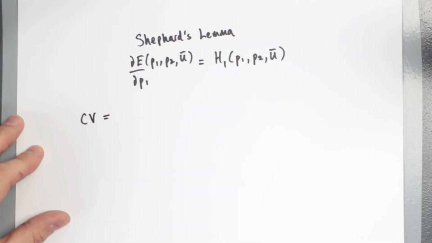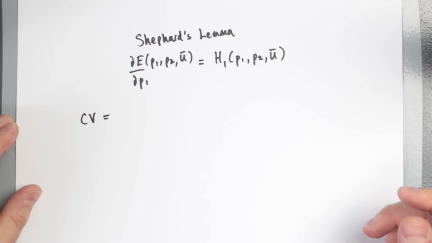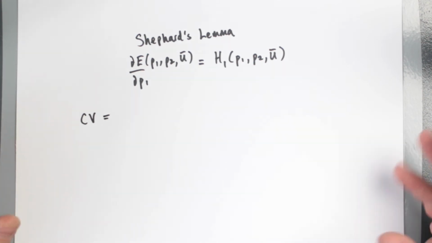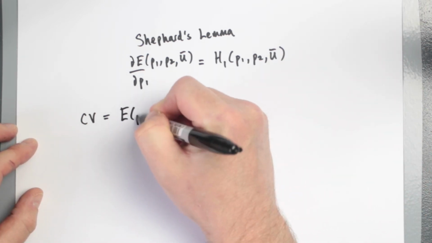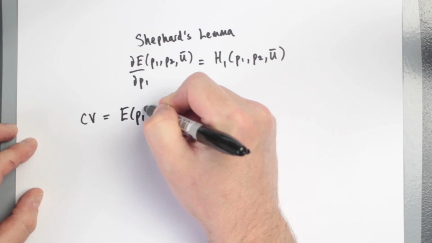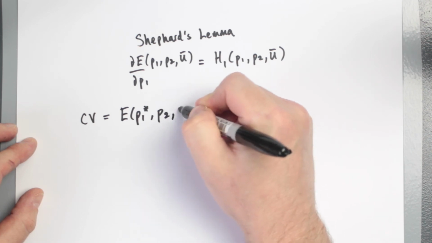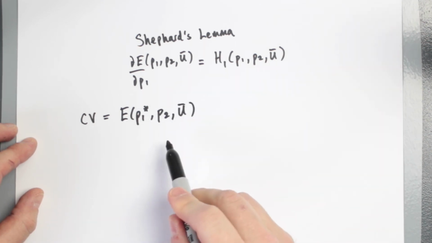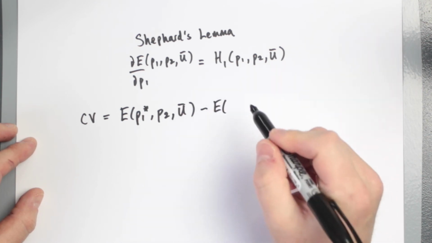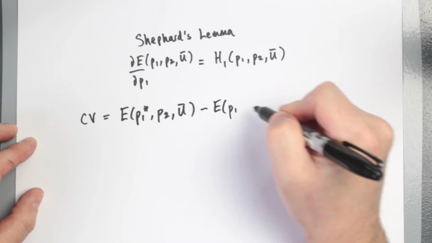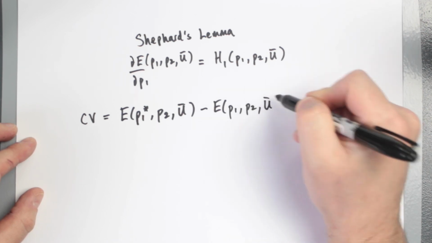we showed that compensating variation, the amount of money required in order to restore utility after a price change to the original level, was the difference between the minimum expenditure required at the new, increased price P1 star to achieve the original level of utility, minus the expenditure required to achieve utility U bar when prices are P1 and P2.